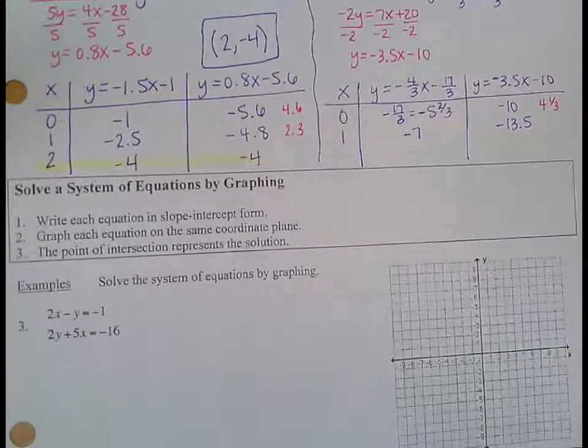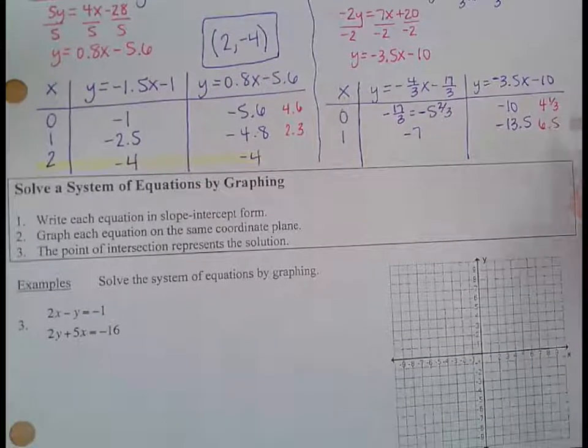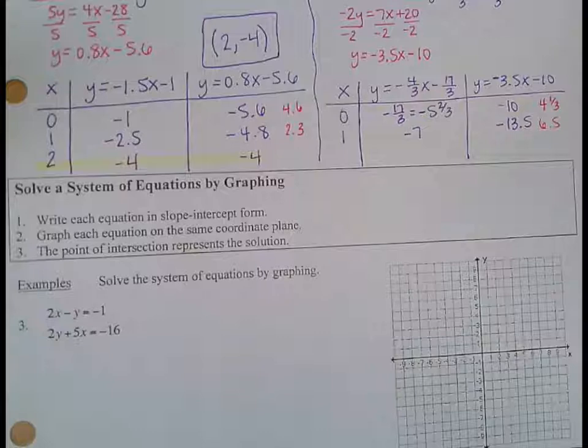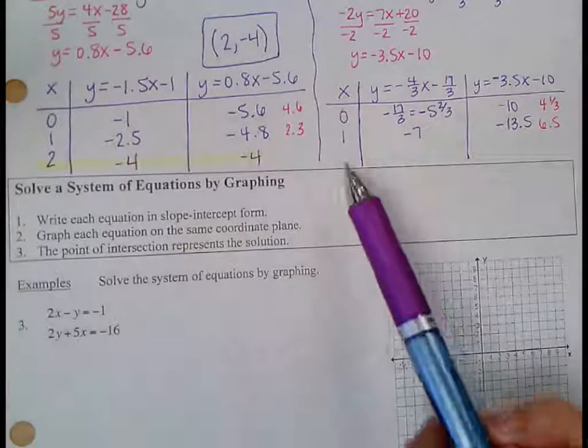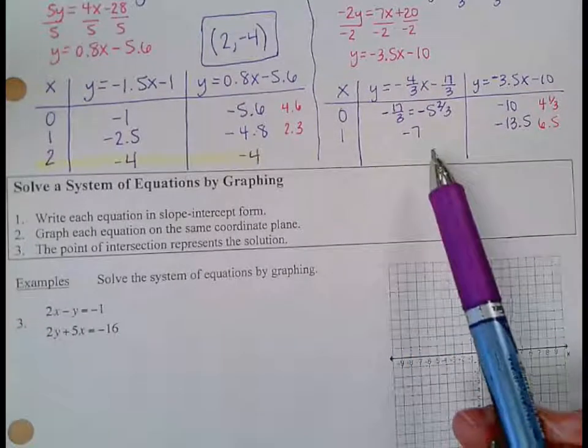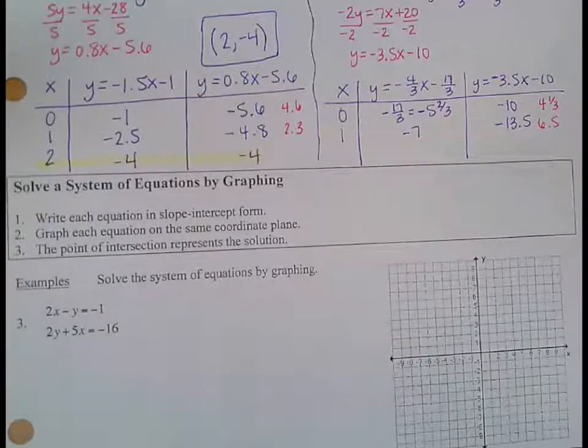Because I had rounded to the decimal. And then negative 7 minus negative 13.5, this is a difference of 6.5. My difference got larger. So if I substitute in positive 2, my y values are going to be even farther apart. I'm going the opposite direction I want to be going.